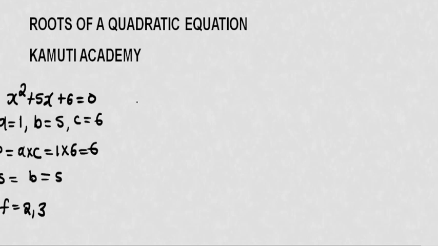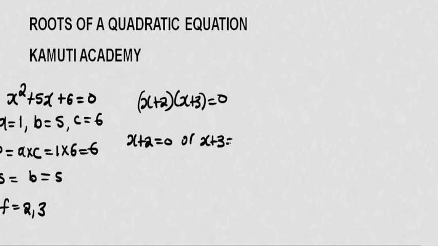Then from there, our equation will be x plus 2 times x plus 3 is equal to 0. Therefore, we say x plus 2 is equal to 0 or x plus 3 is equal to 0. So now, here we can subtract 2 here, we also subtract 2 there.